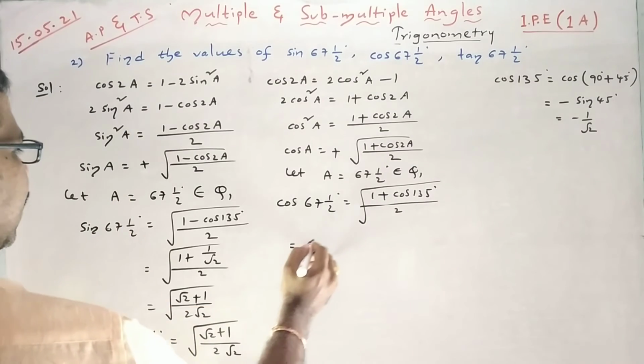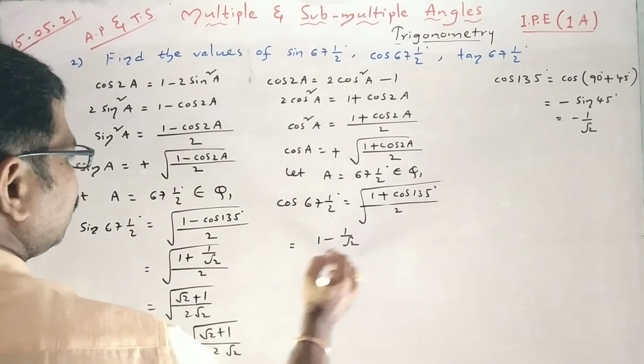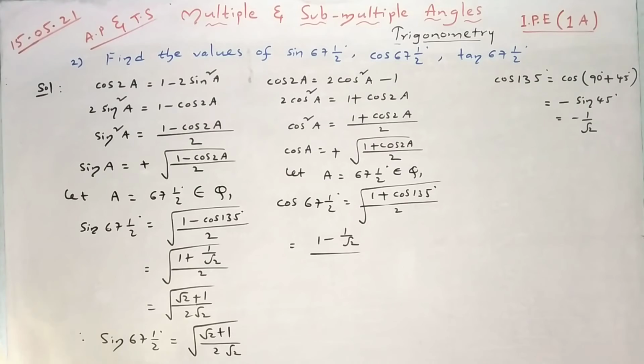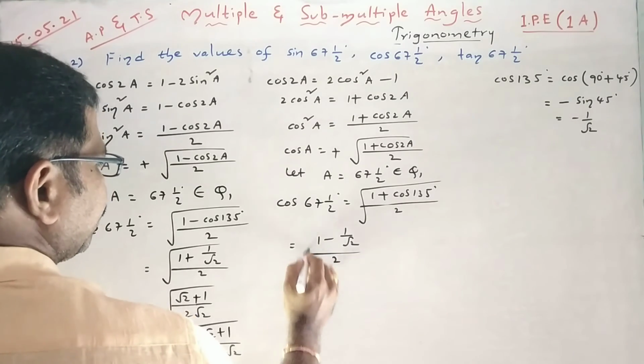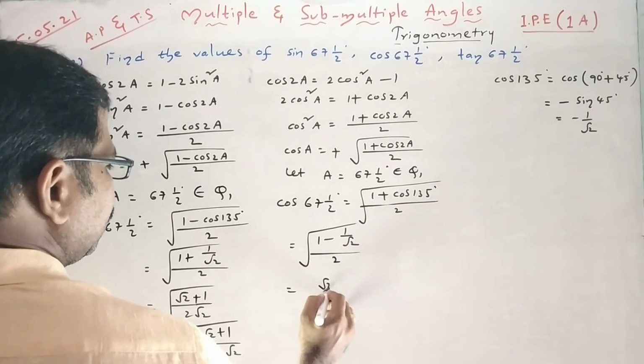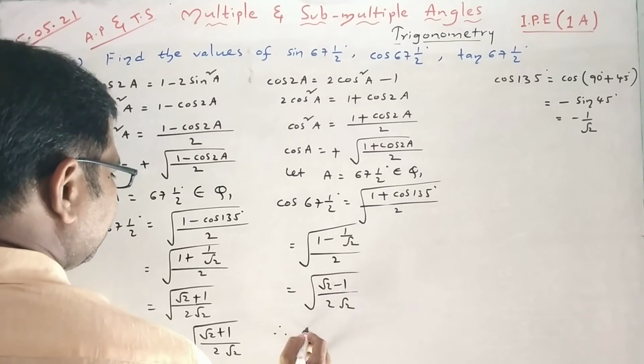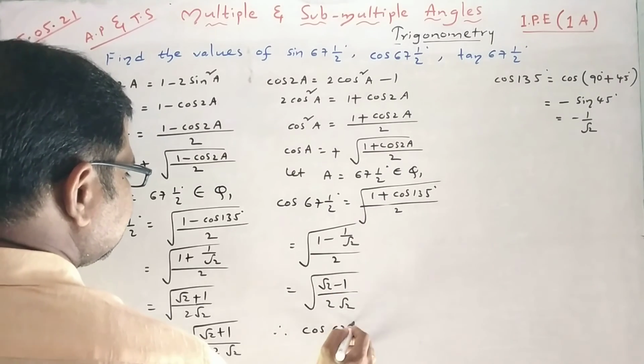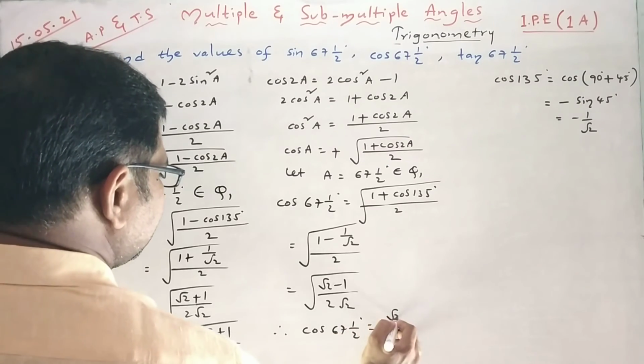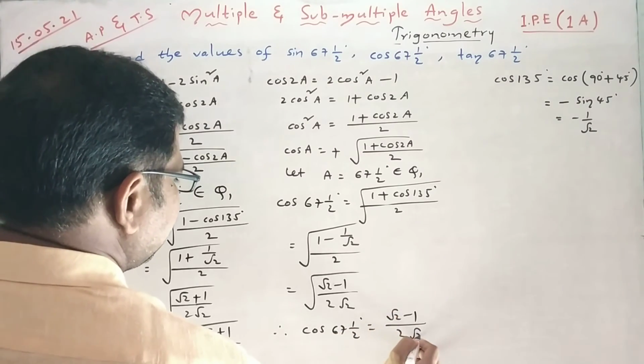Right? That equals 1 minus 1 by root 2, already we got the value of cos 135 there, by 2. Take LCM. Root 2 minus 1 by 2 root 2 under root. Therefore, cos 67 and a half equal to root 2 minus 1 by 2 root 2 under root.